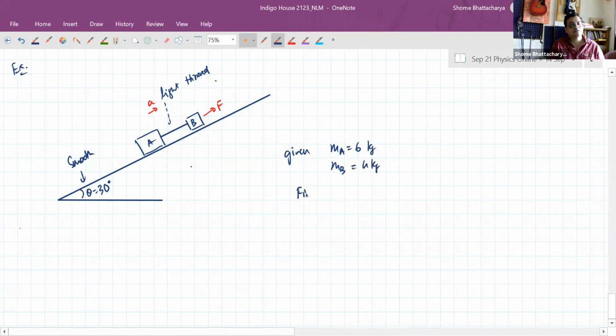We have to find F and the tension T in the string or in the thread if the acceleration of the inclined plane is 2 meters per second square. I can take g as 10 meters per second square.